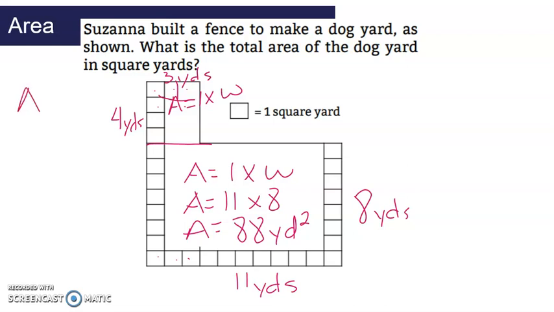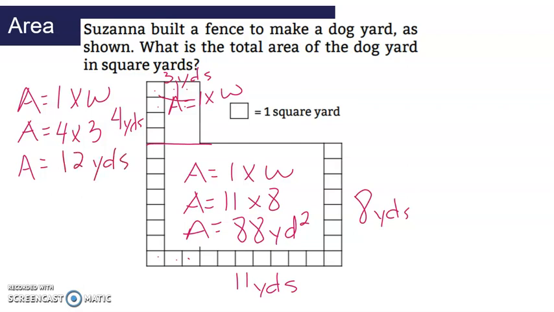So I'm going to go ahead and take that and find the formula for that. So my formula is length times width. Substitute in those numbers, 4 times 3. So when I multiply, 4 times 3, I get what? 12. So 12 square yards. So I'm looking for the total area. So I'm going to take these two values and add those up.